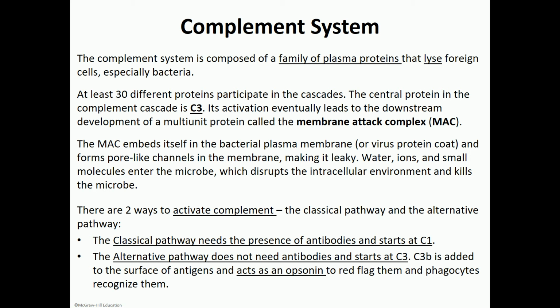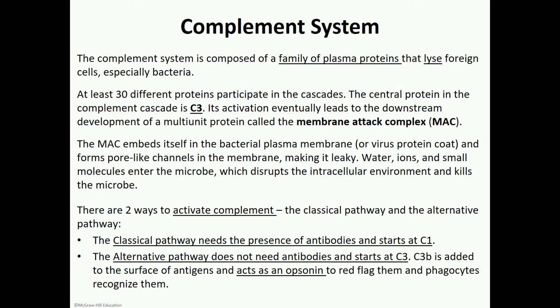And eventually, when you're done with the whole cascade, you're going to make this huge protein known as the membrane attack complex, or the MAC. The membrane attack complex does exactly what the name indicates. It attacks the plasma membrane of bacteria, or if it was a virus, it would attack the protein coat of the virus and start making holes.